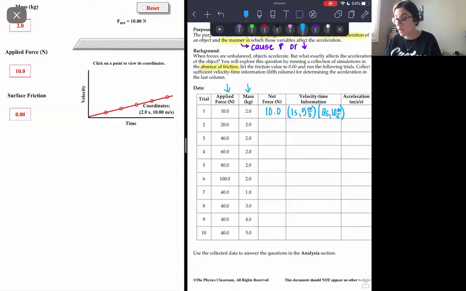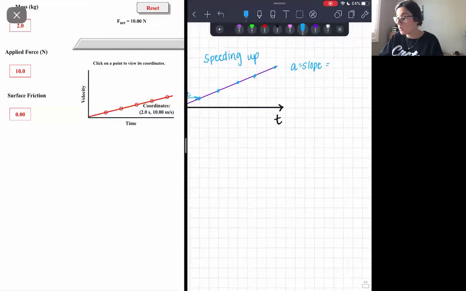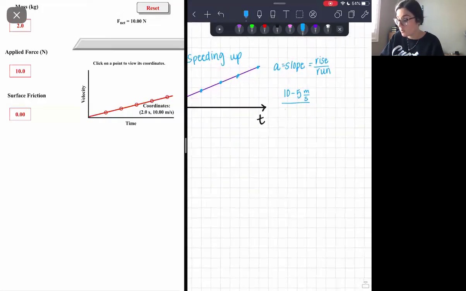Now, to find my slope, I can look at how much is my velocity changing over my change in time. So I could do a calculation. I'm going to use this as scratch paper right here. I know that slope is rise over run. And according to these points, my rise is 10 minus 5 meters per second. My run is my change in time, so 2 minus 1 seconds.